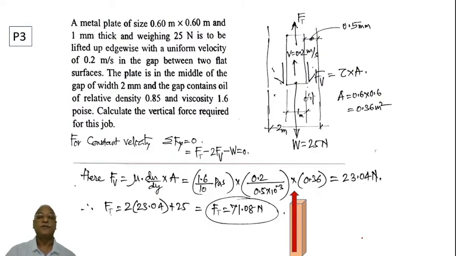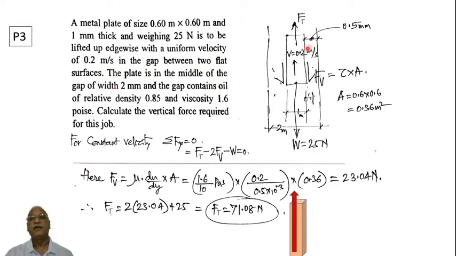Go to the next problem. So here there is a situation: a metal plate of size 0.6 by 0.6 and 1 mm thick, weighing 25 newtons, is to be lifted up edgewise with a uniform velocity of 0.2 meter per second in the gap between two flat surfaces.